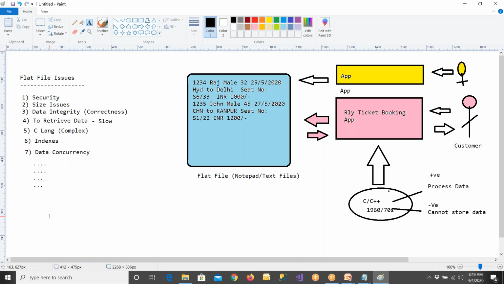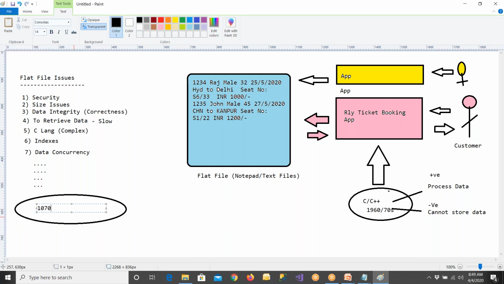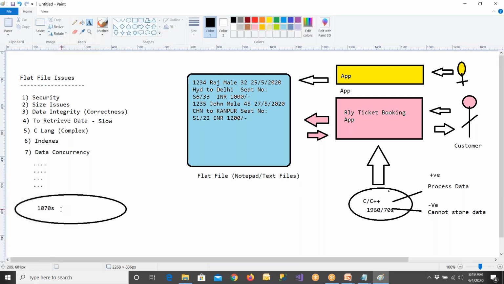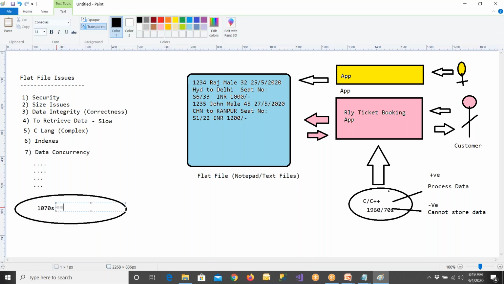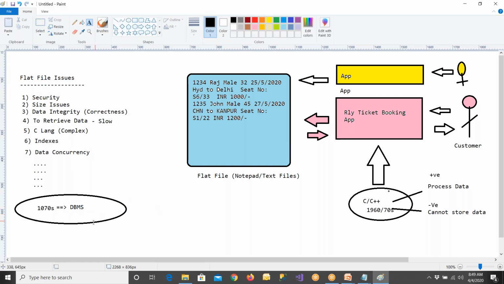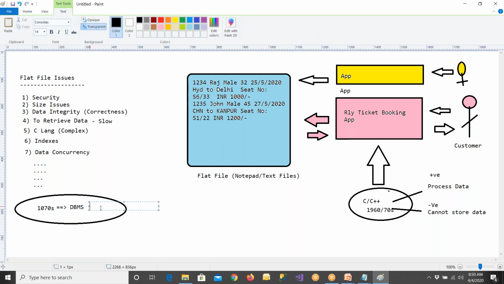Am I clear? To resolve these issues, in the 1970s a lot of teams were created in America. In the 1970s, people came to know that storing a lot of data in flat files gives a lot of issues. So in the 1970s, a lot of firms, especially IBM and other teams, invented one more concept called the database management system. This is a DBMS concept.